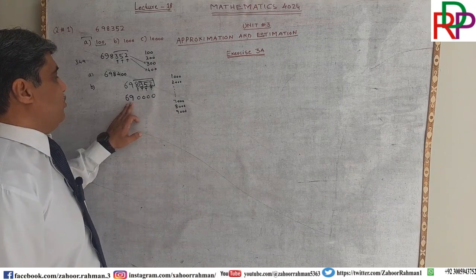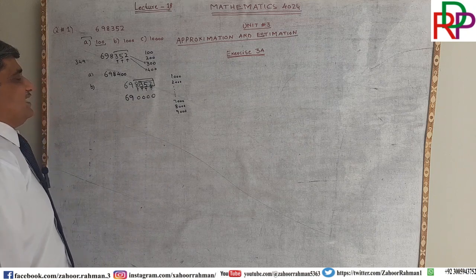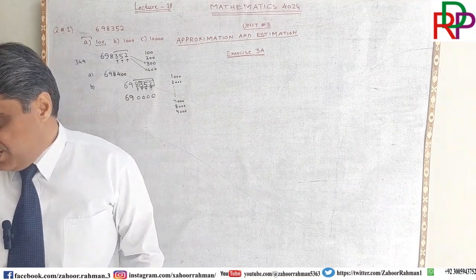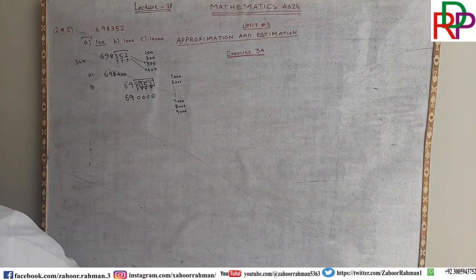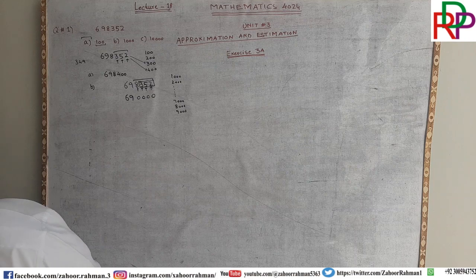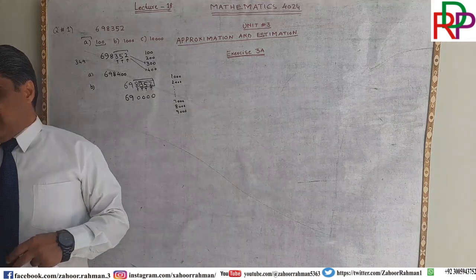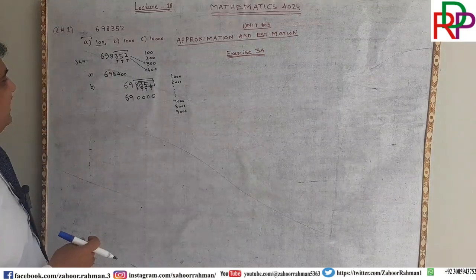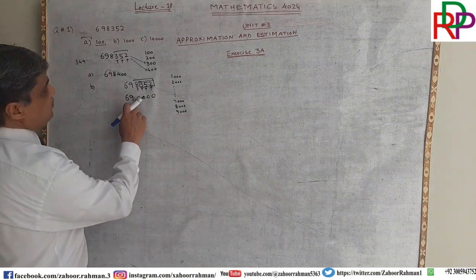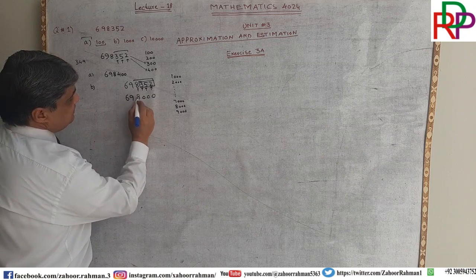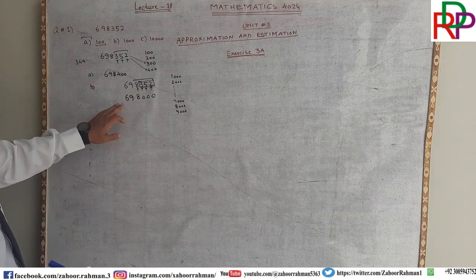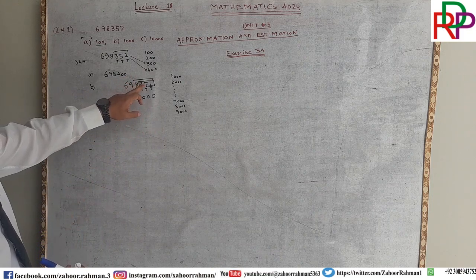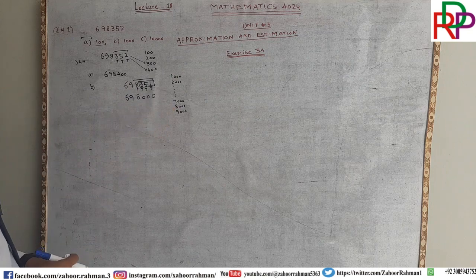You will give only 698,000 to that person. The question is 698352, so you have to write 698,000 instead of this, because this is nearer to 8000.